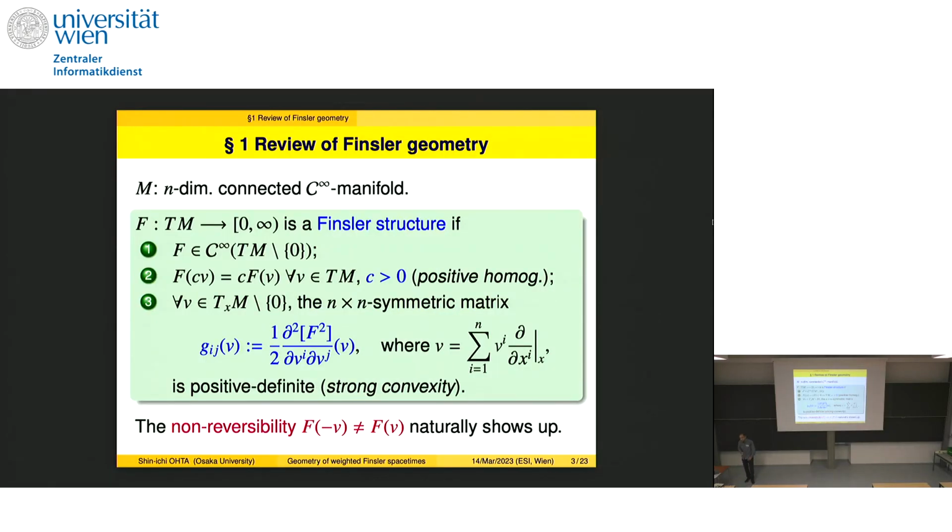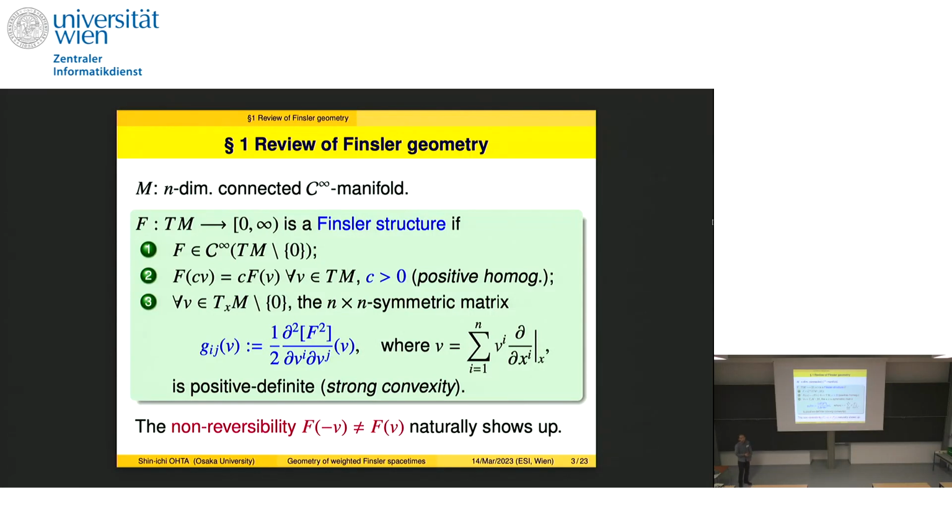As I said, I start from the positive definite case. So it is really positive definite theory, and in this talk, I consider only the smooth setting, so my talk is very regular instead of non-regular theory. I consider only an n-dimensional connected and smooth manifold. Then the Finsler structure, as already explained in the previous talk, is a non-negative function on the tangent bundle, smooth except at the zero section.